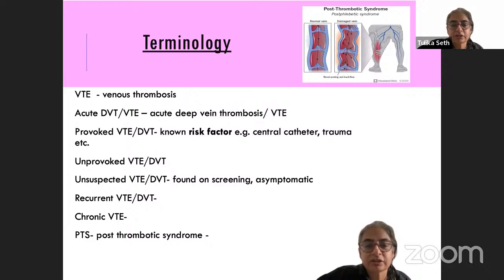So there's no bed rest, there's no trauma, there's no central line. An unsuspected DVT or VTE is one that is asymptomatic and found on screening. Recurrent means more than one event, and chronic means that it's long-standing, it's not acute.